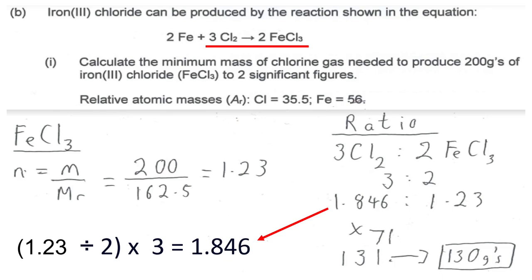Number of moles is mass over molecular mass, 1.23. I then must divide that by 2 and multiply by 3 to get 1.846 for the chlorine, and then multiply by the molecular mass of Cl2, which is 71, and you'll get your answer as 130 grams to 2 significant figures. So pause this, make sure you see where all the numbers come from.